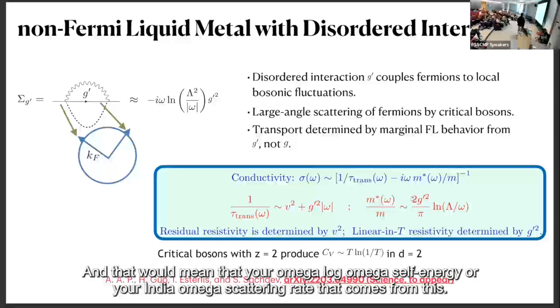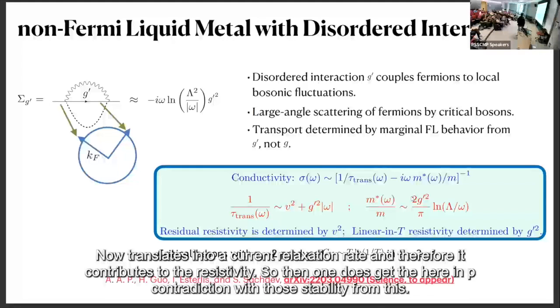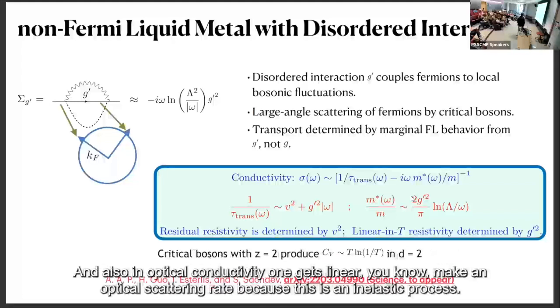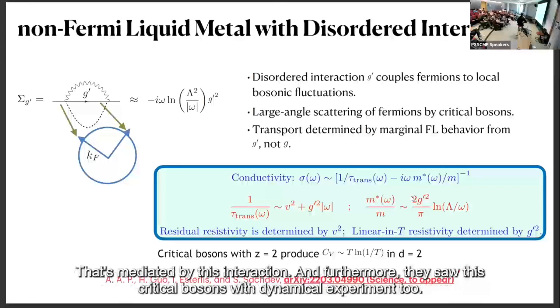And that would mean that your omega log omega self-energy, or your linear in omega scattering rate, now translates into a current relaxation rate, and therefore it contributes to the resistivity. So then one does get a linear in T contribution to the resistivity from this, and also in the optical conductivity, one gets a linear in omega optical scattering rate, because this is an inelastic process that's mediated by this interaction.